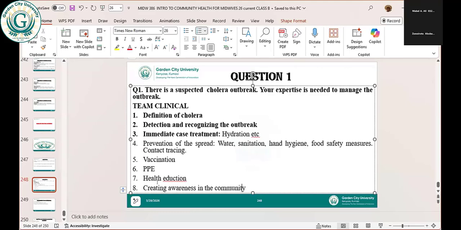Then what again? The next thing we talk about was environmental control, where we mobilize the community members to participate in cleaning of their public places and then their homes. What else? Then we talk about surveillance and data collection.